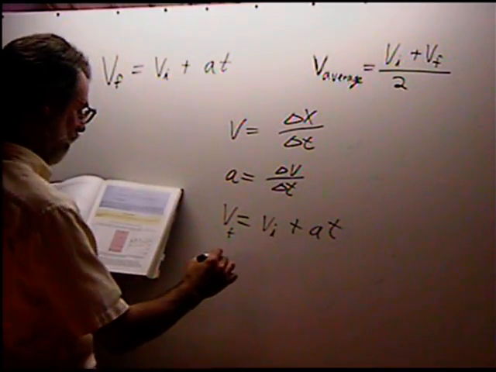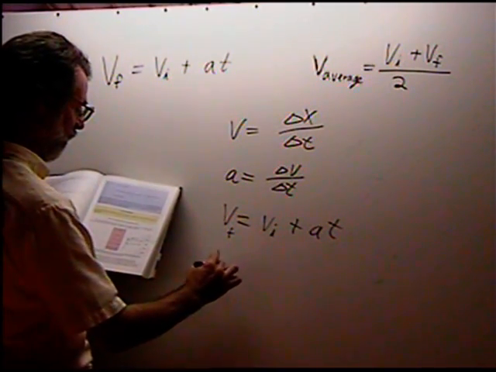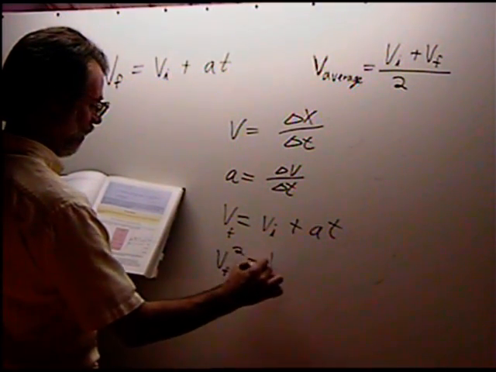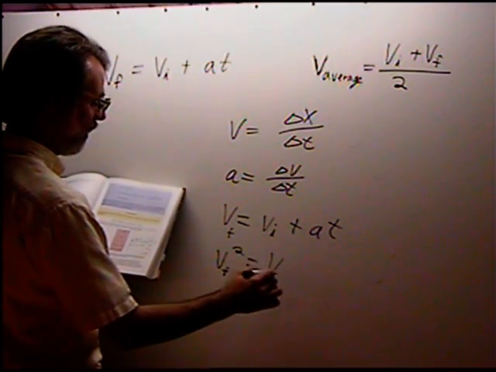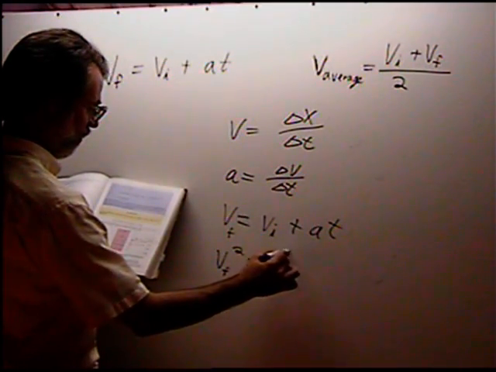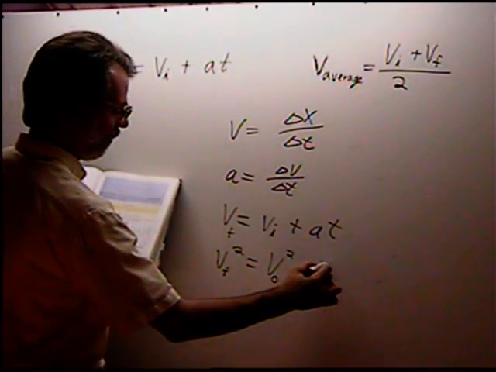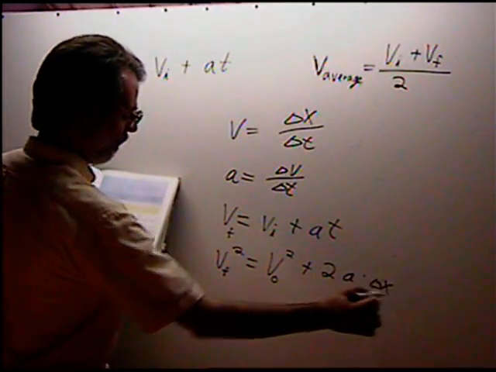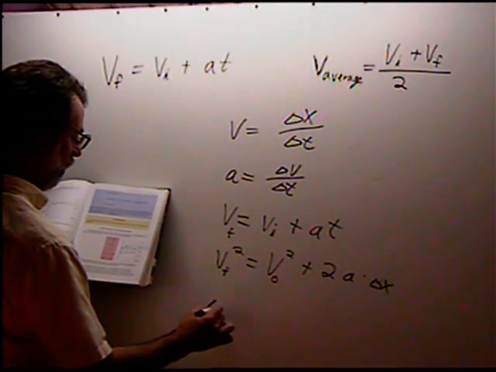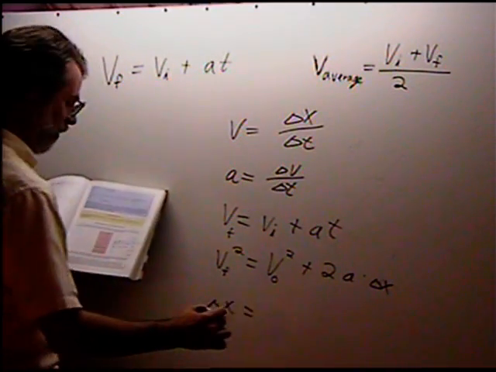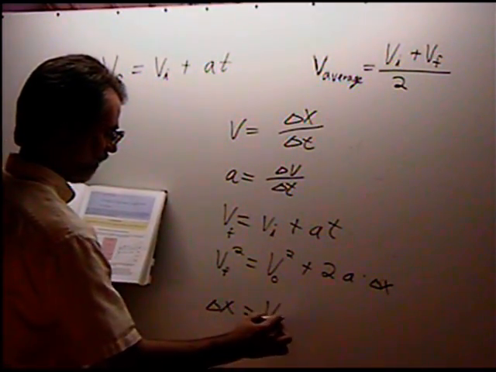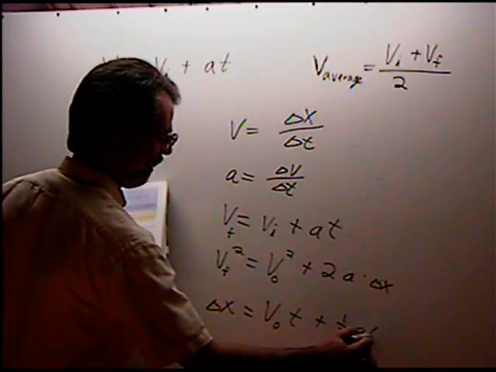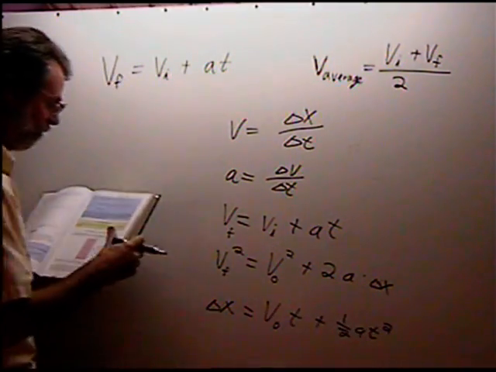And they are, and I'm just going to write them down now, the final velocity squared equals the initial velocity squared, and here I am going to go back to his v naught, plus 2 times a times delta x, and delta x equals the initial velocity times time plus 1/2 at squared.